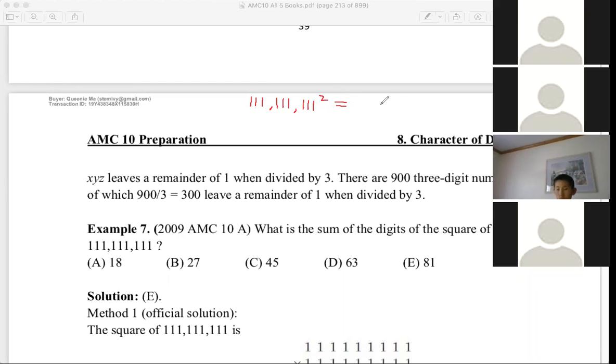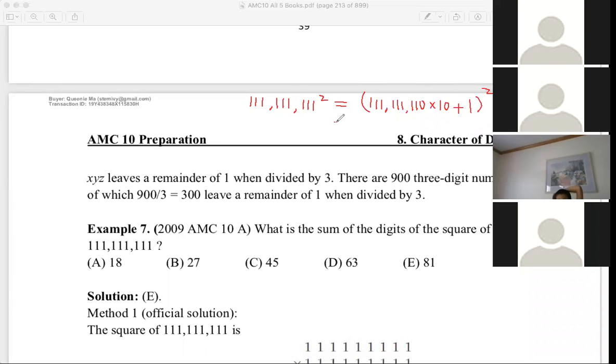So we can write this number as 1, 1, 1, 1, 1, 1, 1, 1, 0 times 10, plus 1. Is this one correct? Yes. Then this one squared, right?